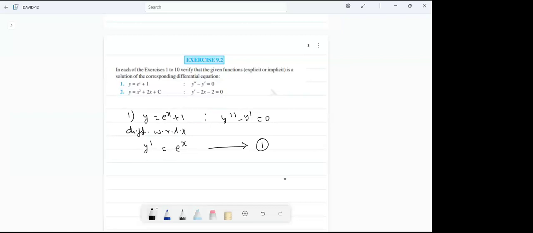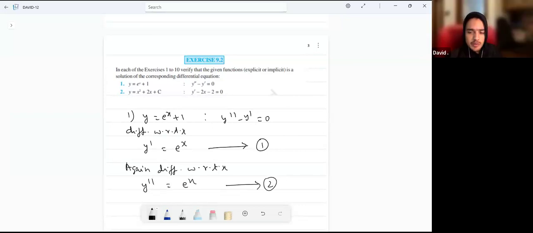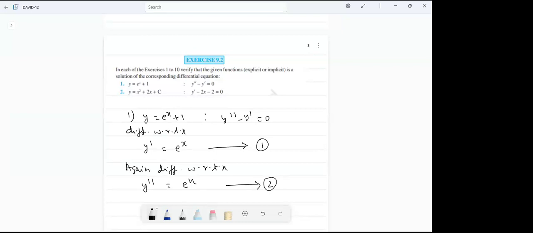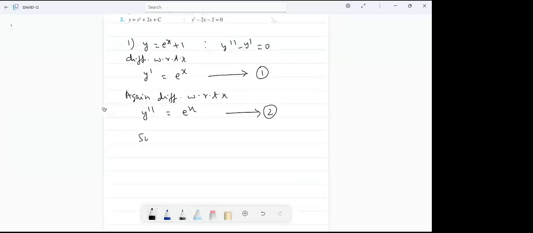Again differentiating with respect to x, we have y double dash equals e to the power x. Then e to the power x minus e to the power x equals 0.